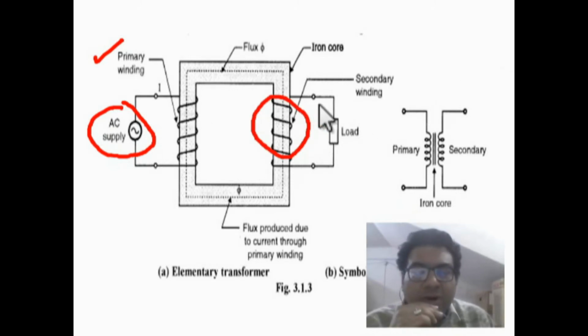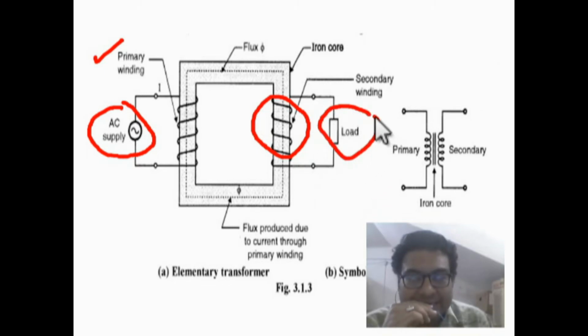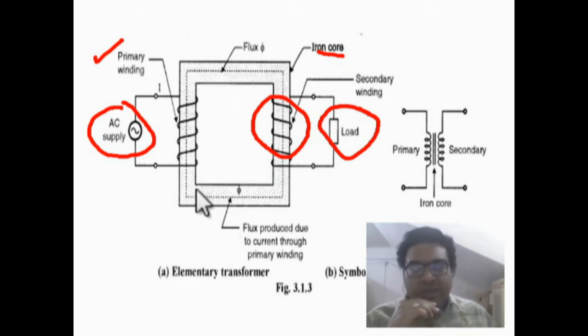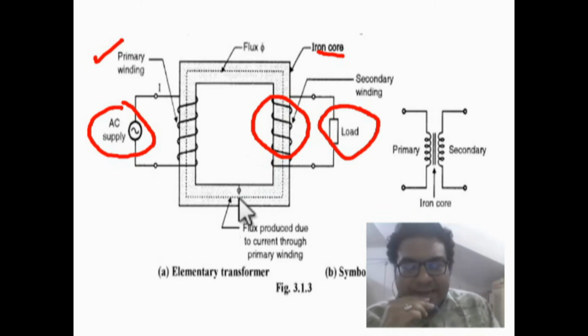This will be your output section, or you also call it the load section. Across these load terminals, the load is connected. See here, this is the load. And this is the iron core, and this is the flux path already shown in the diagram. This is the direction of magnetic flux, which is set up in the magnetic iron core.